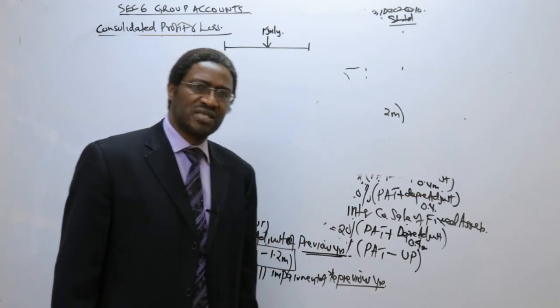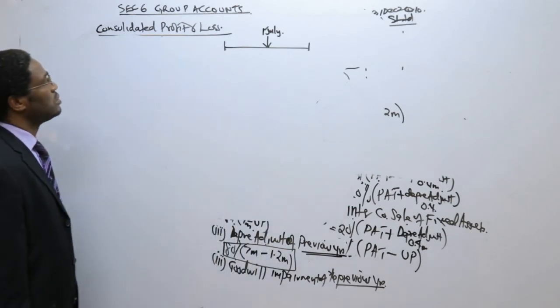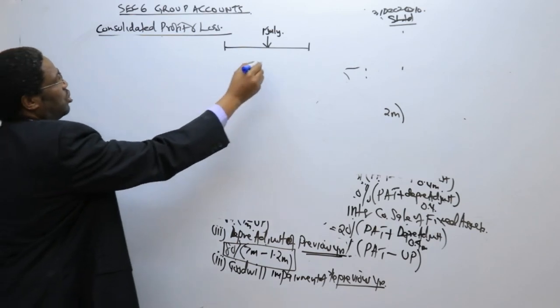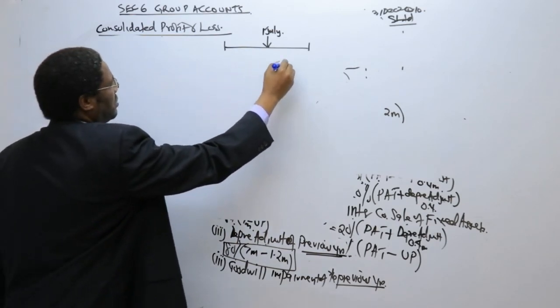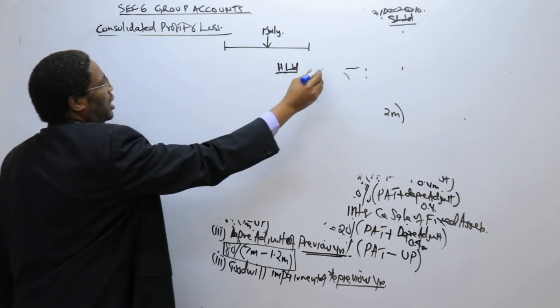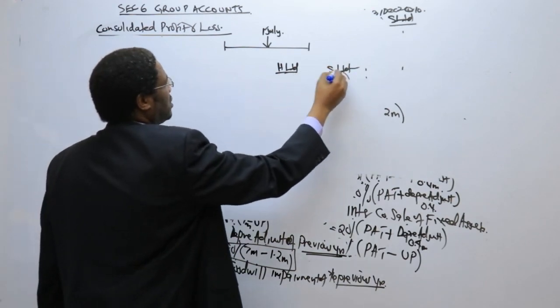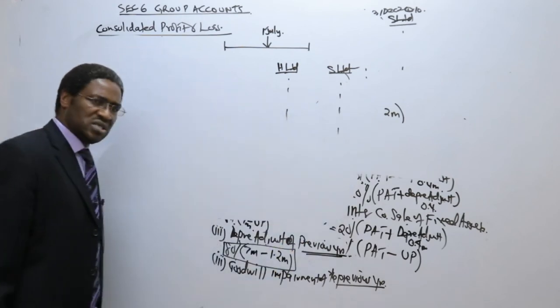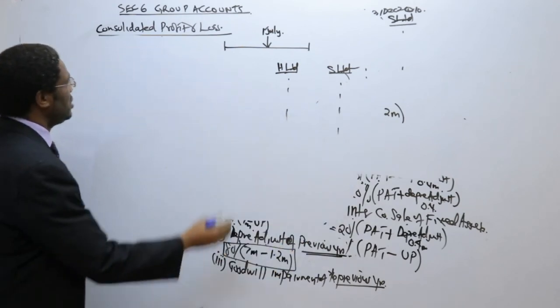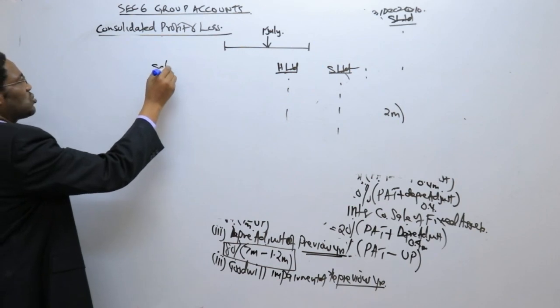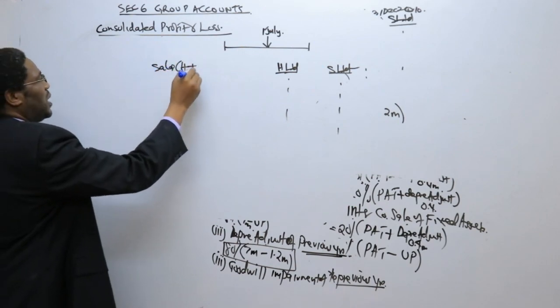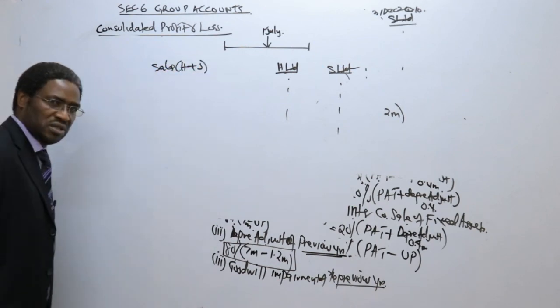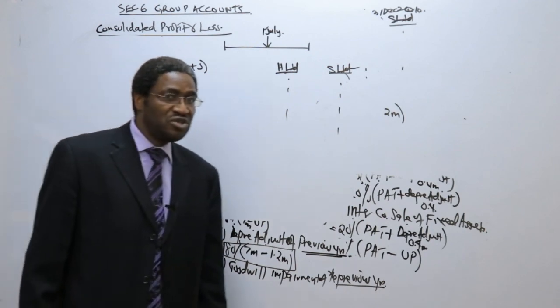So if that is the case, tell me this. When you are given this as the income statement of H Limited, and this as the income statement of S Limited, when you are doing this in section 3, remind me, were you just taking the sales of the holding company plus the sales of the subsidiary company, like I've been doing?